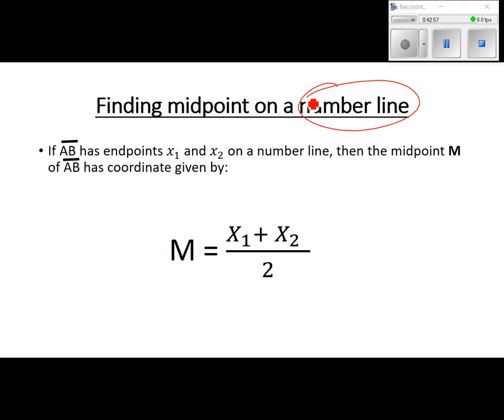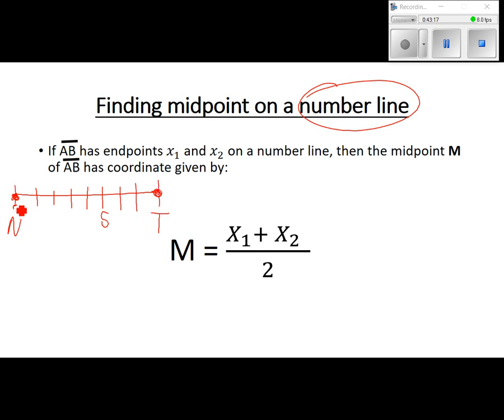If you're on a number line, so this is our number line, and this is point N, this is point T, and let's say this is 0, and we got 1, 2, 3, 4, 5, 6, 7, that's 8 out there.